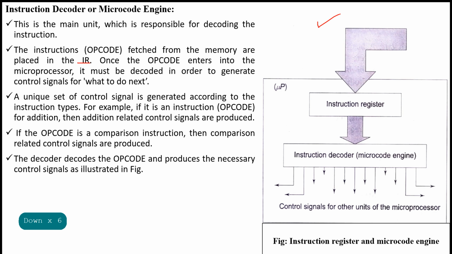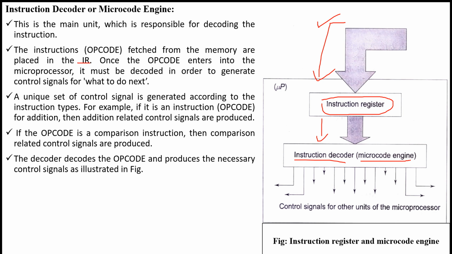See here in this figure, instructions are fetched from the memory and are placed into the instruction register, that is IR register. Then it is transferred to the instruction decoder, or microcode engine.